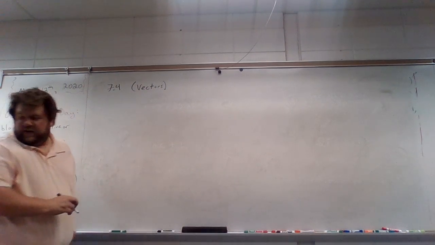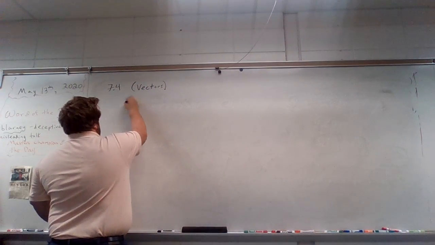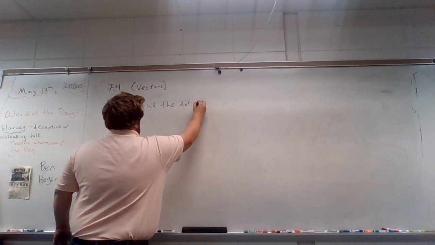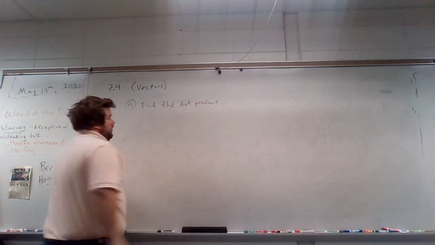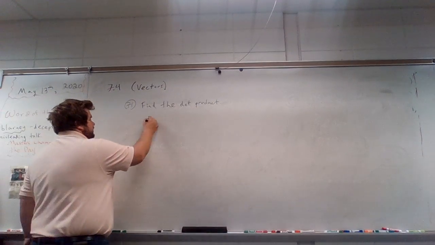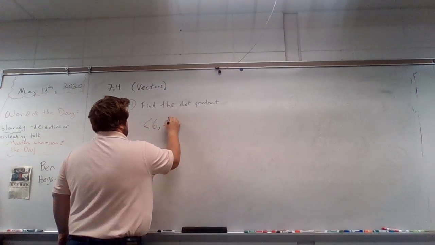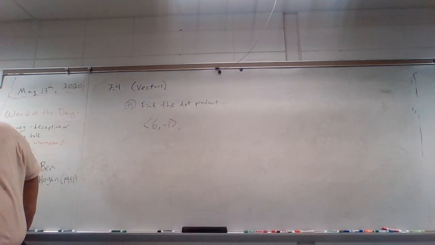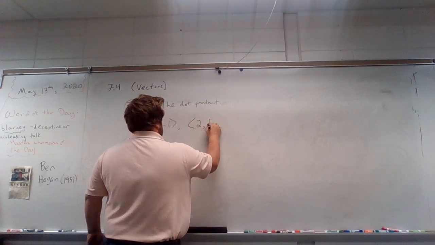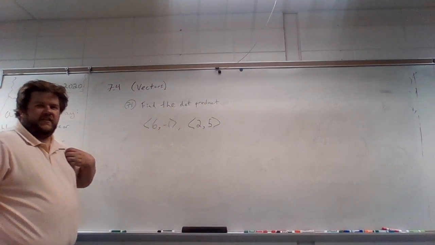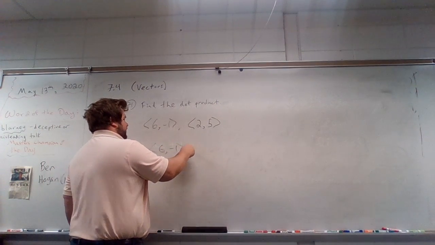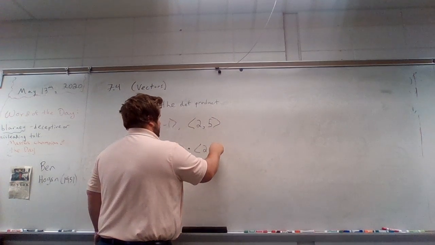So find the dot product. And we just have 6, -1, and we have 2, 5. Okay, so all I do to find the dot product is I do this vector, 6, -1, dot with this one, 2, 5.